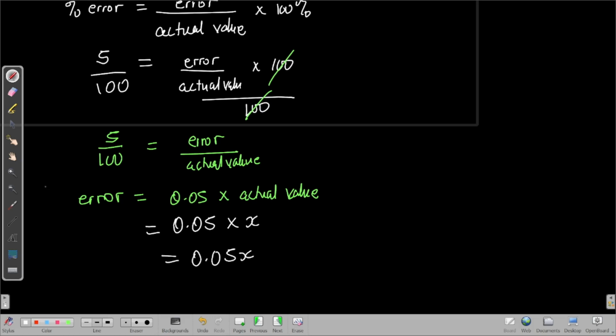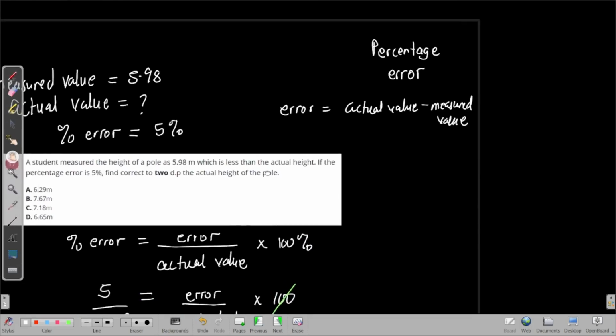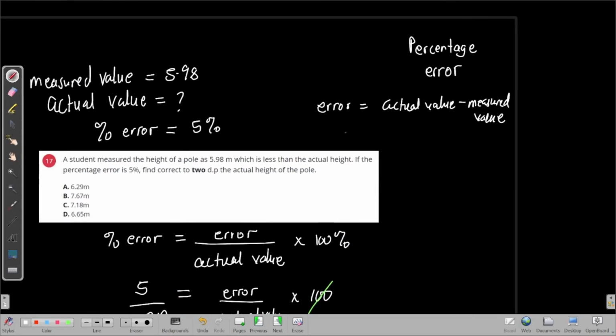So if we go back to this formula here, our error is 0.05x. Our actual value is x. Measured value is 5.98. Okay, so we take x to the other side.